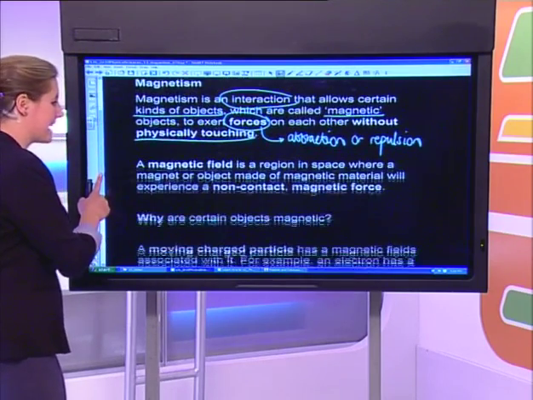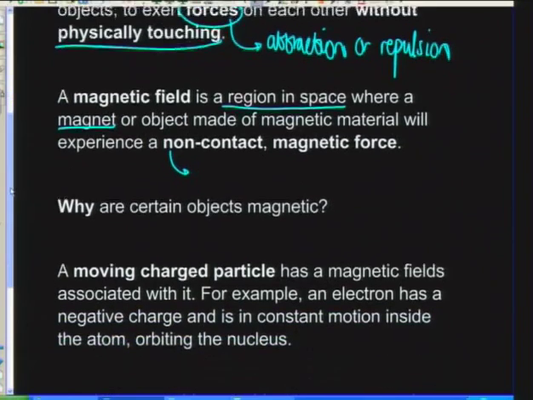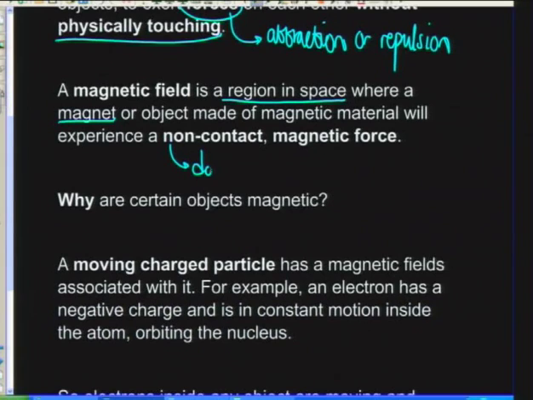So a magnetic field, what is it? It's a region of space where a magnet or an object made of something that is magnetic will experience a non-contact force. Now, by non-contact, remember we said they do not have to be touching.